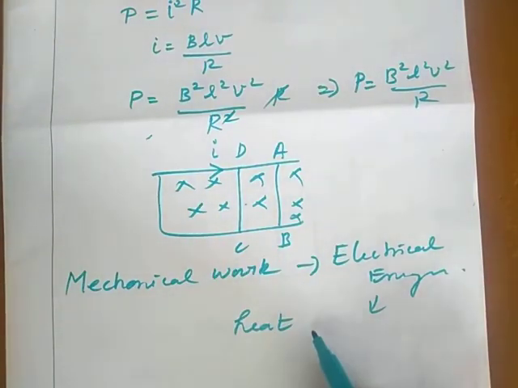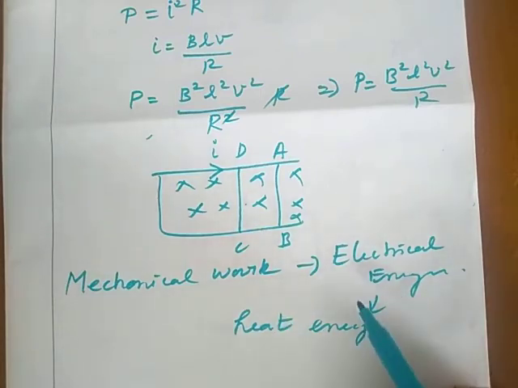Okay, heat energy. See, the mechanical energy needed to move the rod is converted into electrical energy, which is then converted into thermal energy to heat the loop. Here, for this system, the energy conversion is consistent with the law of conservation of energy.